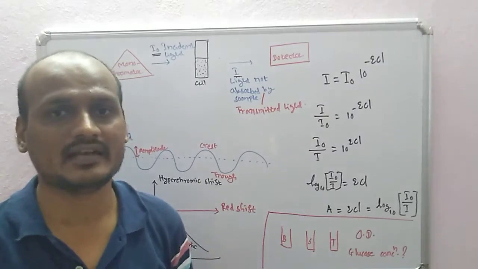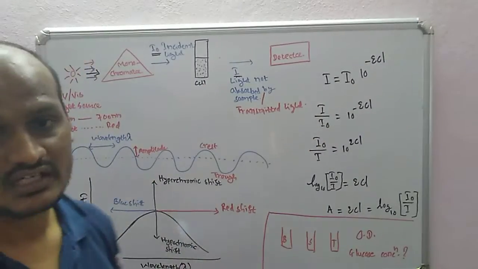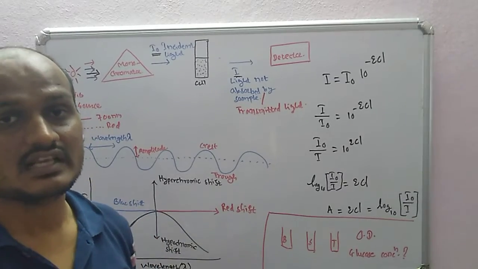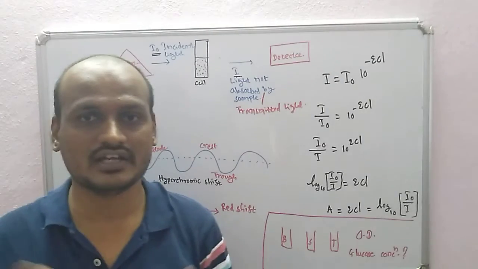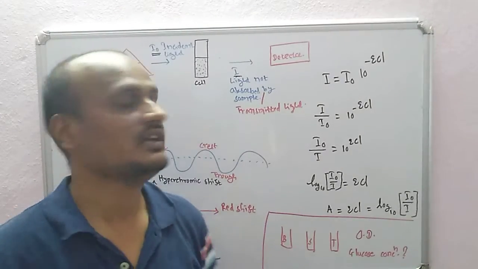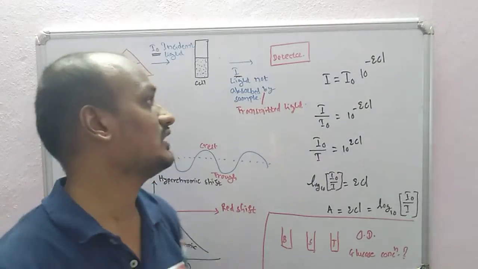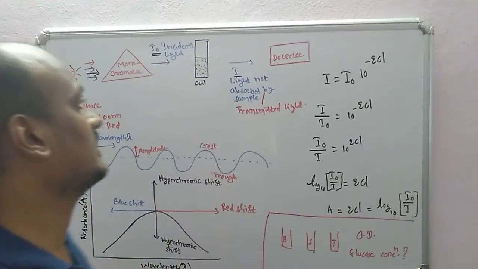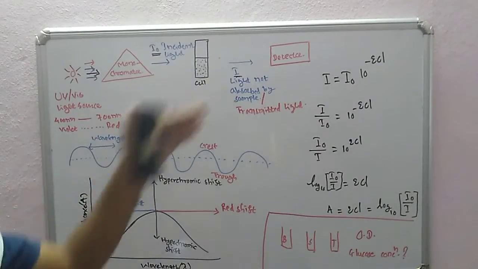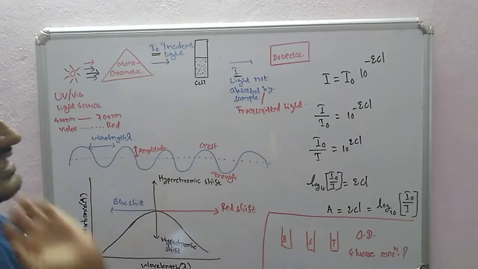The photodetector can be of different types, like a photomultiplier or a photovoltaic cell. These are the different equipments which can measure the light intensity. It converts it into an electric current, and then it can be measured based on how much light is falling on the detector. So that is a detector. So this is our principle of the spectrophotometer: incident light, transmitted light.